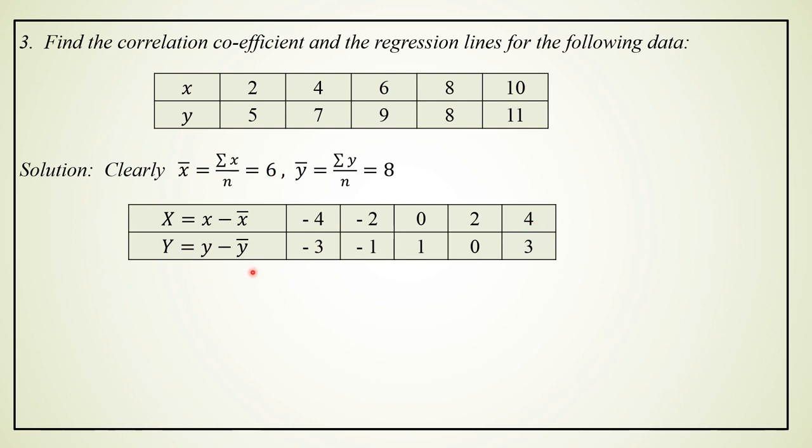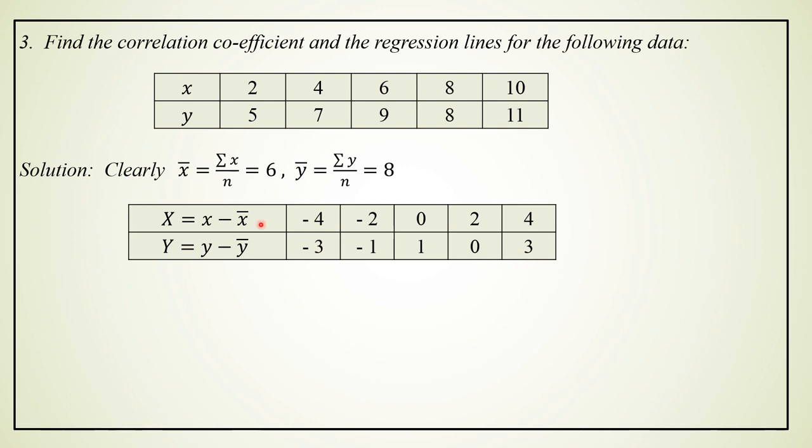Similarly, y minus y bar is given by 5 minus 8 is minus 3, 7 minus 8 is minus 1, 9 minus 8 is 1, 8 minus 8 is 0, 11 minus 8 is 3.